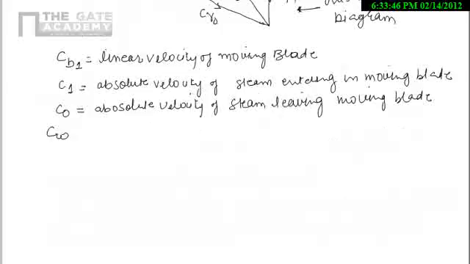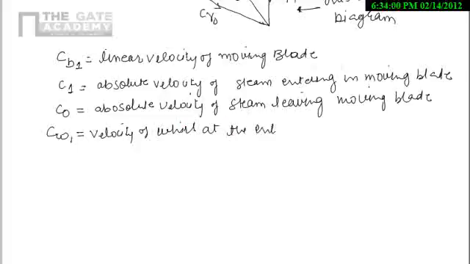Similarly, we are having Cw1, that is velocity of wheel at the entrance of moving blade, or we can say that it's a tangential component of C1.